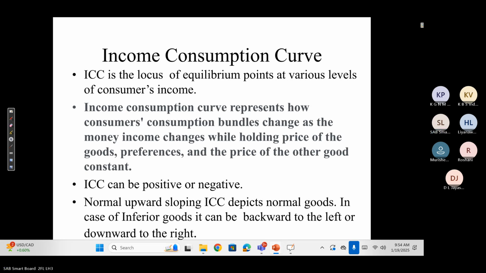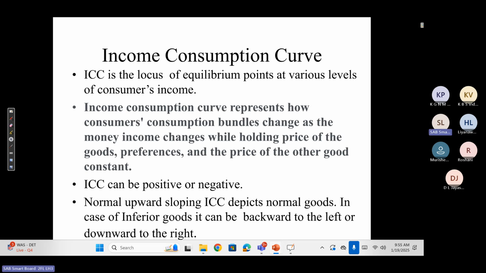That explains how the consumer's consumption pattern changes with respect to change in money income, with all other factors remaining constant. Particularly, price is the important one that remains constant, but we assume other factors that affect demand remain constant as well.